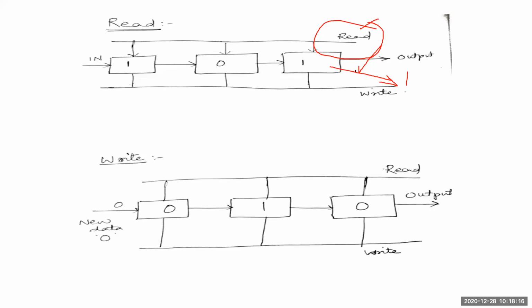Whenever you want to read any data from the SAM, since my output port is connected to the last cell, it will read only the last cell's data. Since in my last cell the data is equal to 1, it will read only 1 as output. Once that has been completed, it goes on reading the next data. That is how the read operation takes place.